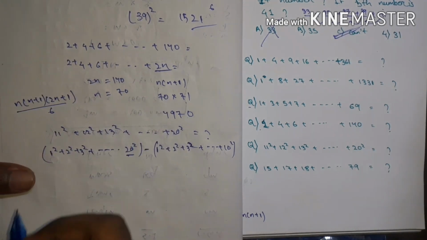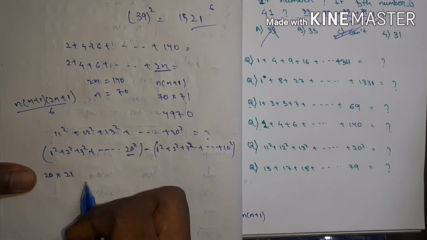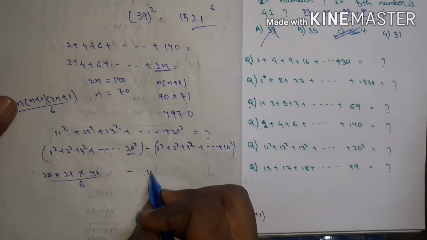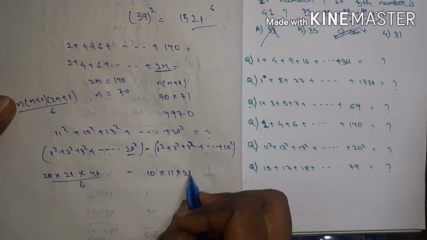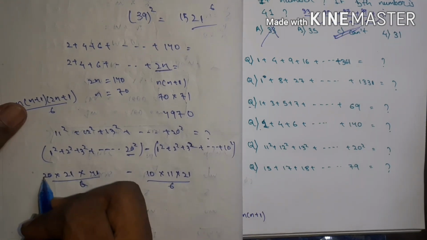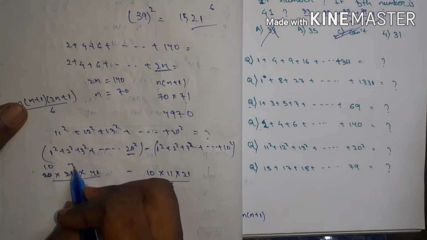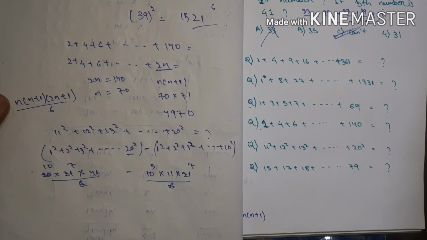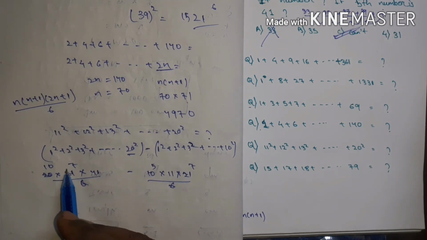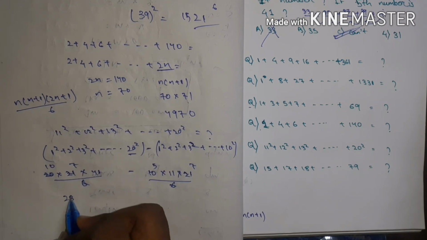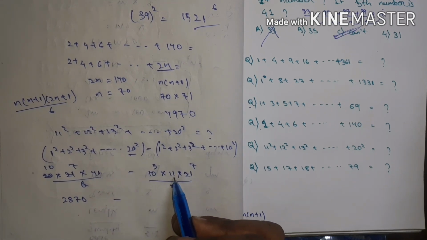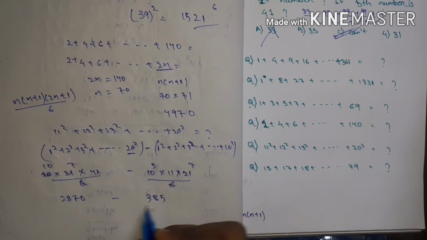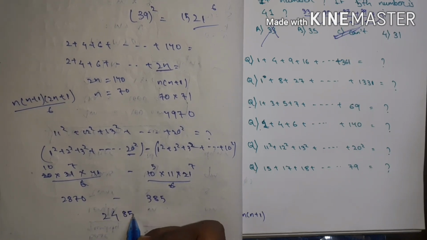What is n here? n is 20. 20 into 21 into 41 by 6 minus 10 into 11 into 21 by 6. Then 70 into 41 is 2870, minus 5 into 11 into 7, that is 385. After minus, this is your answer.